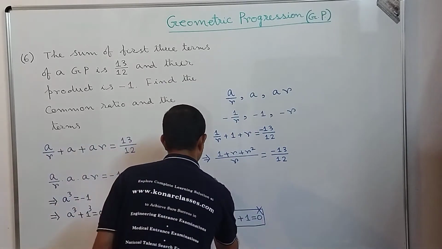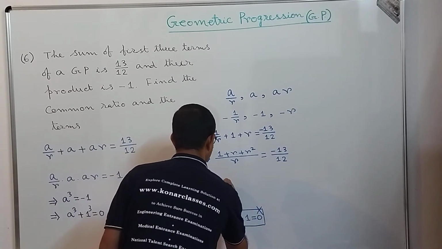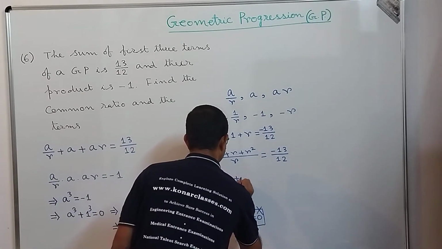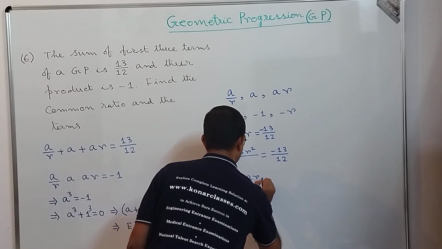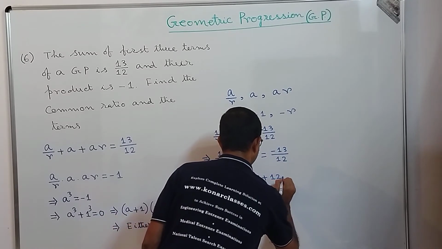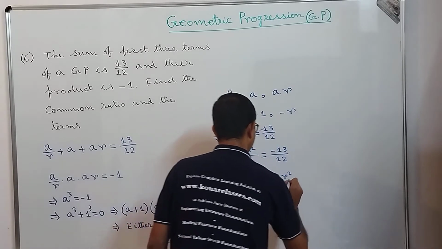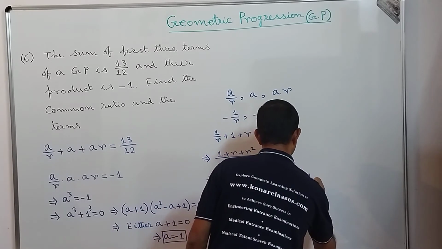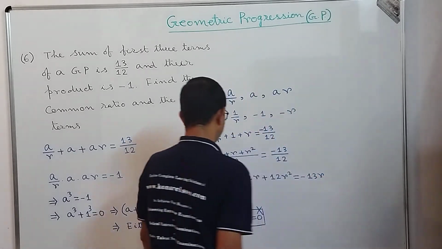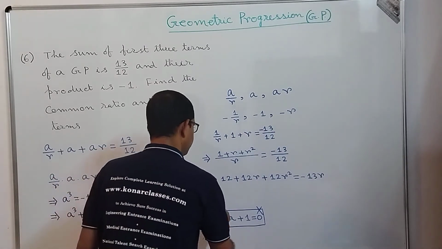So from here we get 12 plus 12 into r plus 12 into r square is equal to minus 13 into r. So that implies what, dear students?